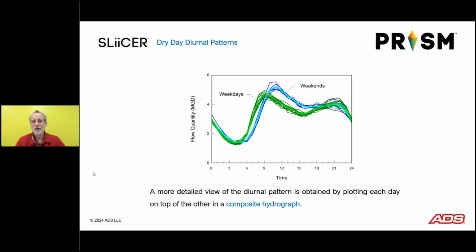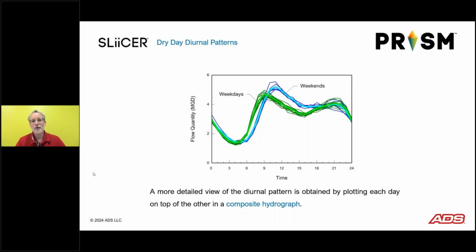Now, this is starting into a study of what I call sewer sociology. So if you've seen some of those articles published by ADS over the years, this is how we do that type of analysis. And the interesting piece of trivia about sewer sociology is it actually started as a byproduct of our work with SLiiCER.